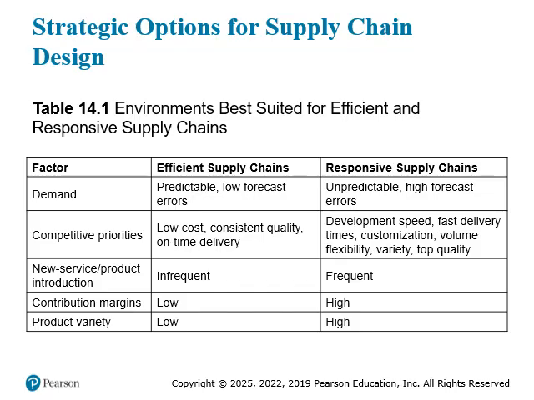So there's this concept that comes back to us that strategically we can't have a supply chain that's really effective on all performance criteria. Generally, we're going to target our supply chain toward efficiency or toward responsiveness.